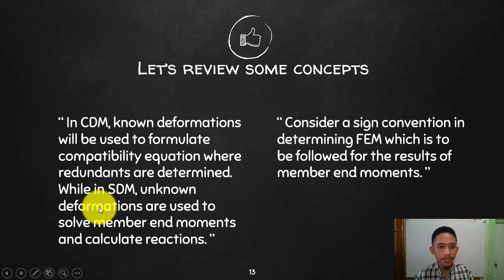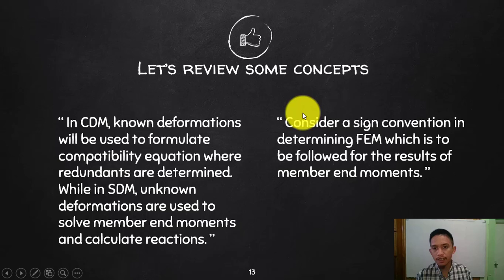Identify your unknown deformations, these are your degrees of freedom. Create your SDE, slope deflection equation. Create your equilibrium equation, and then solve for the variables, which are your degrees of freedom. Go back to your SDE, solve for the end moments, and then use that to solve for the end shears and then the reactions. So that is the difference of CDM and SDM.